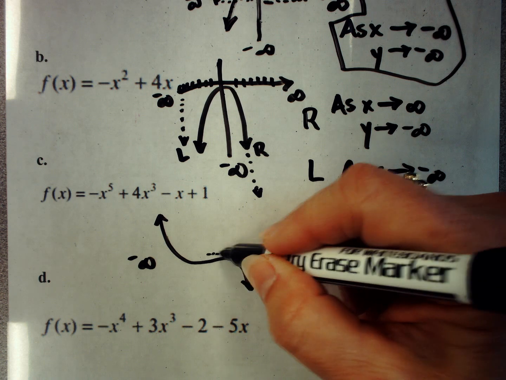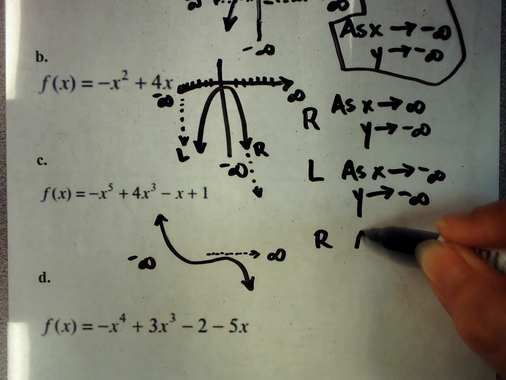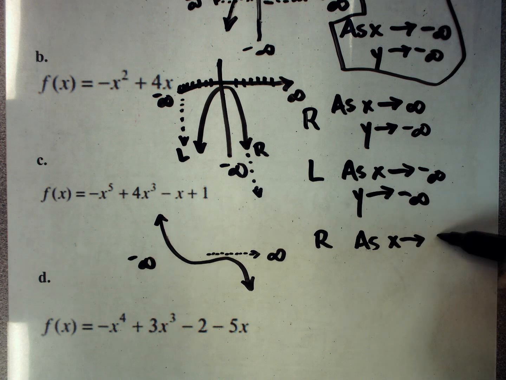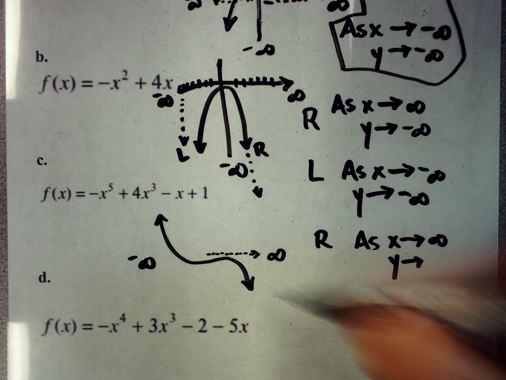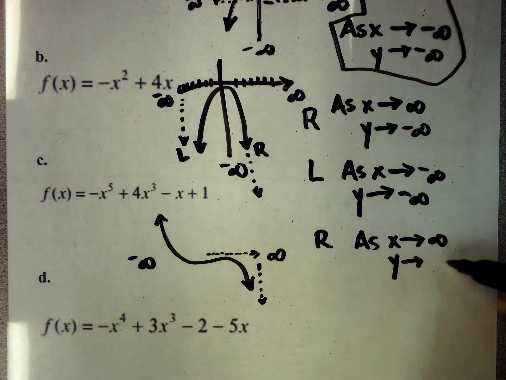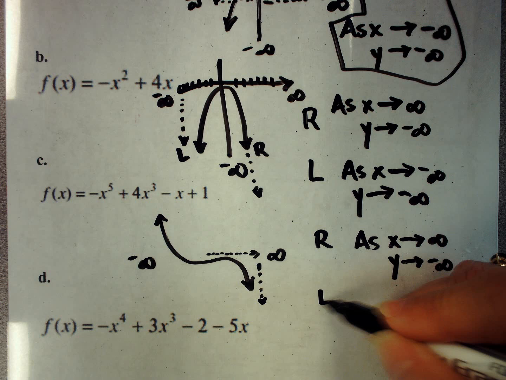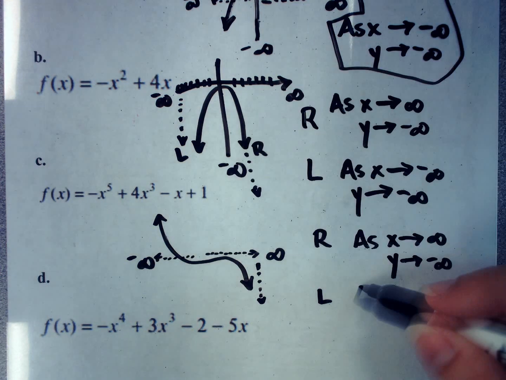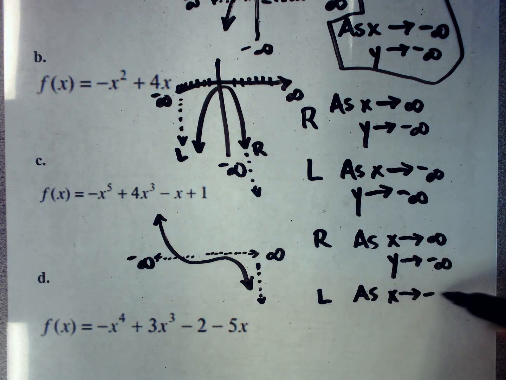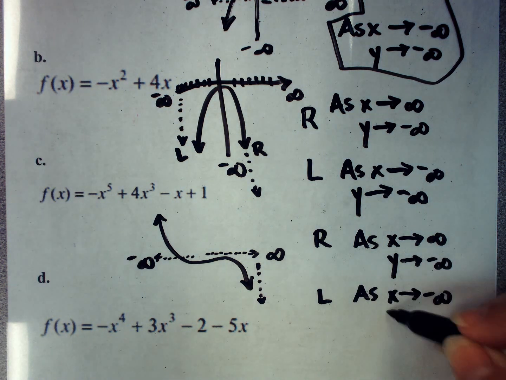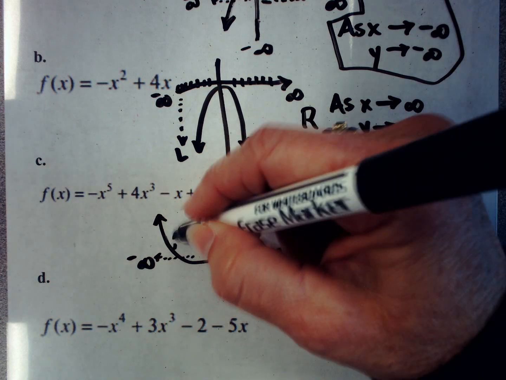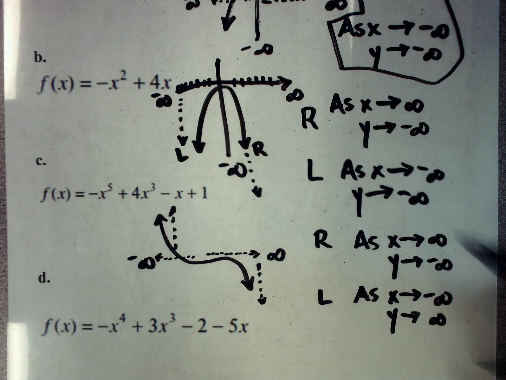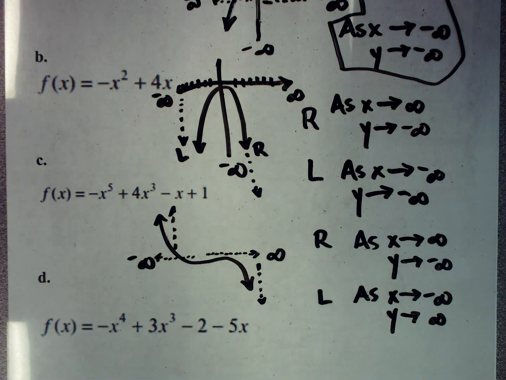As you start plotting points going towards positive infinity, so as x approaches positive infinity, what are the y's doing? Going down to negative infinity. Okay, left side. As x approaches negative infinity, as you're plotting those, where are the y values going? Positive infinity. So that's how you're going to write your end behavior. You have two ends, so write two parts.